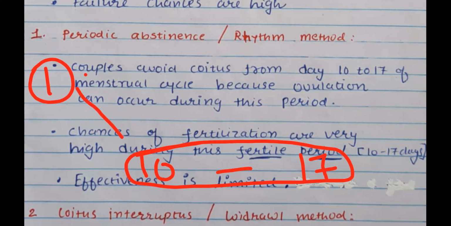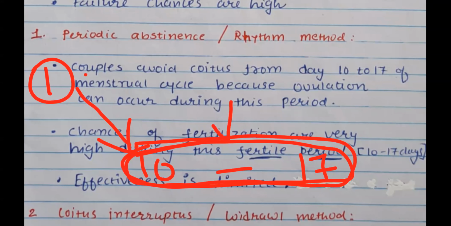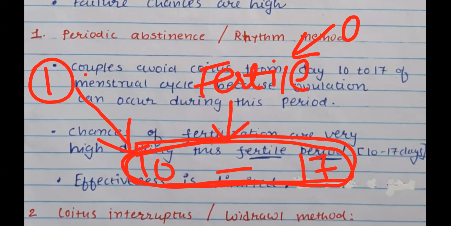From the 10th day to the 17th, about one week at least, is the most fertile period, meaning the chances of ovum release from the ovary into the fallopian tube are very high. So that's why we call this 10 to 17 days period the fertile period, right?